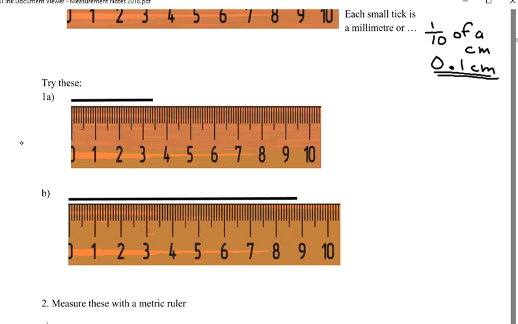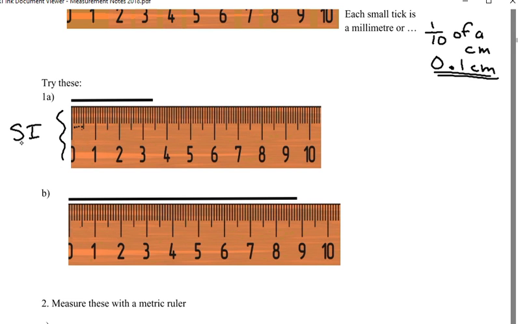If we take a look at 1A and 1B, how long is each line? Well, first, as we move on, you're going to have to recognize metric system or imperial system. Because we see these little lines in between, we count them, there's 10 of them. We know we're looking at metric, the system international.